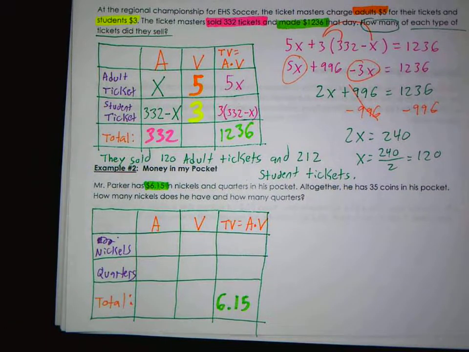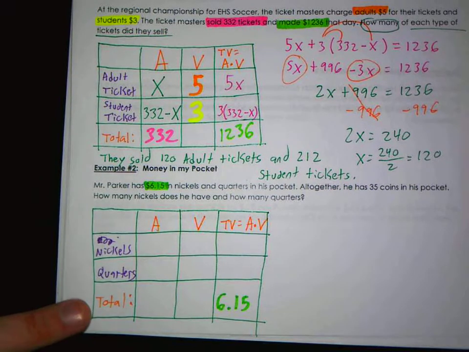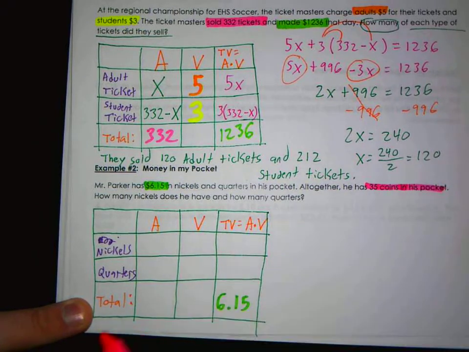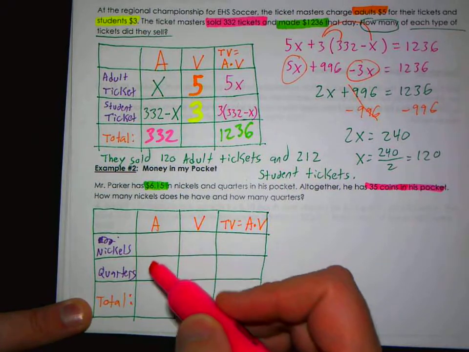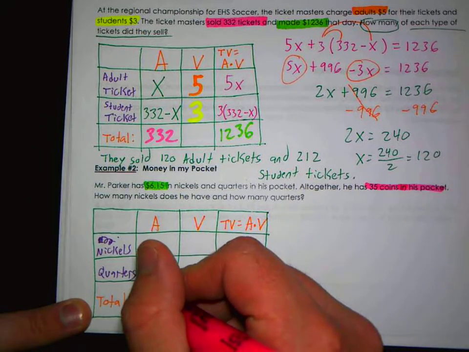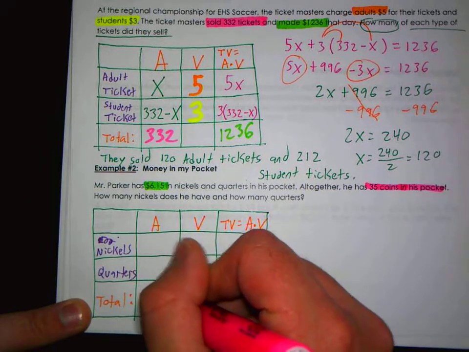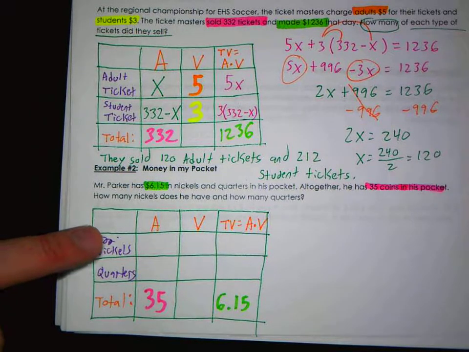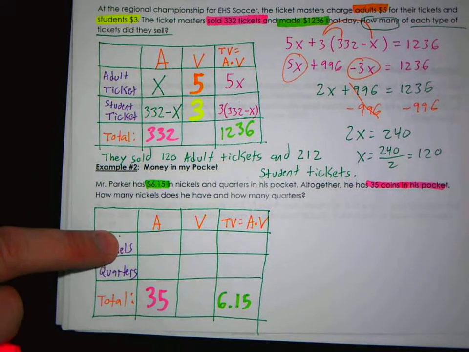And he has 35 coins in his pocket. Well, we don't know how many nickels, we don't know how many quarters, but the total amount is 35. It could be 20 nickels, 10 quarters, could be 0 and 35, could be 35 and 0.